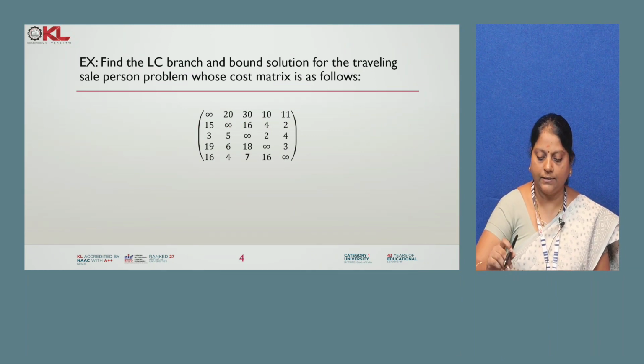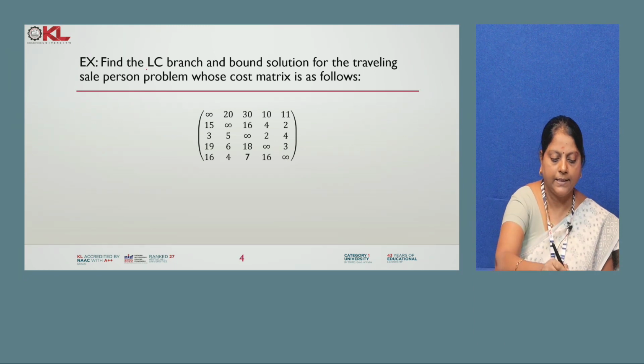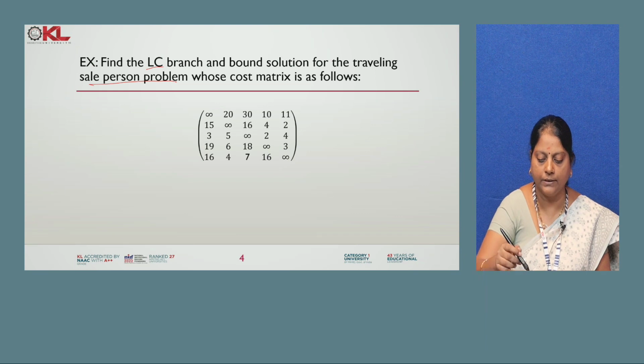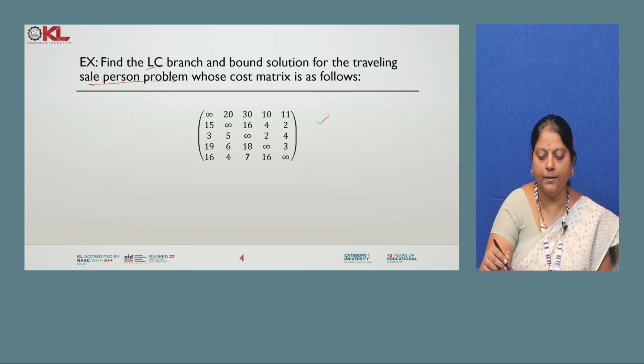So that is the algorithm for the branch and bound technique using the LC approach for the traveling salesman problem. Here we are considering one example for implementing this algorithm. Initially we have to take a matrix.